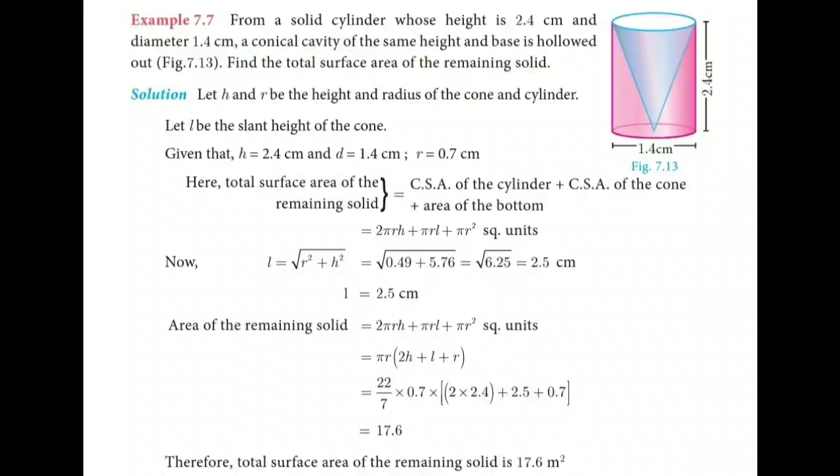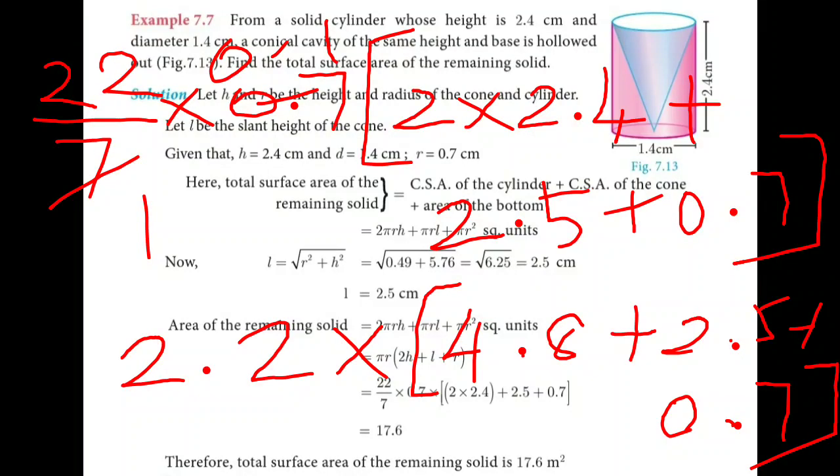Here radius is equal to 0.7, height is equal to 2.4, slant height is equal to 2.5. Then 1 7 is 7, 0.1. 7s are 0.7. Then 22 into 0.1 into 2 into 2.4 we get 4.8. Then 4.8 plus 2.5 plus 0.7.